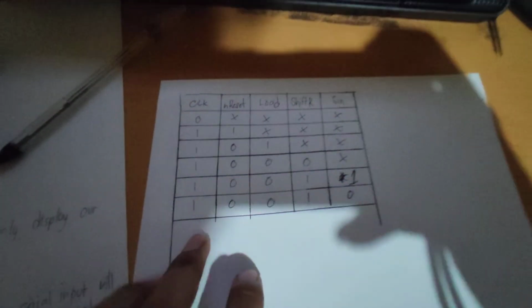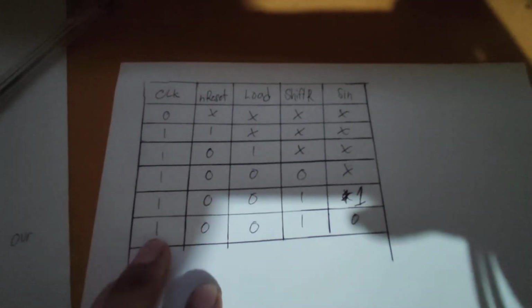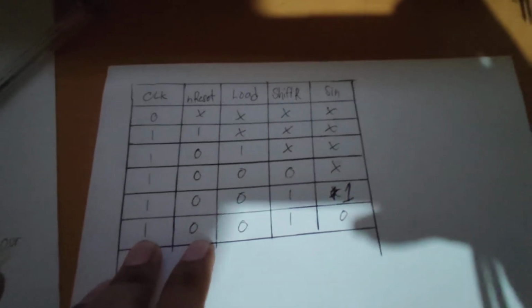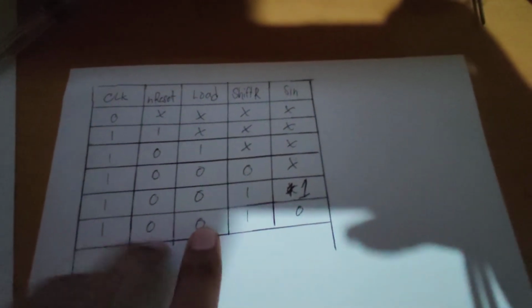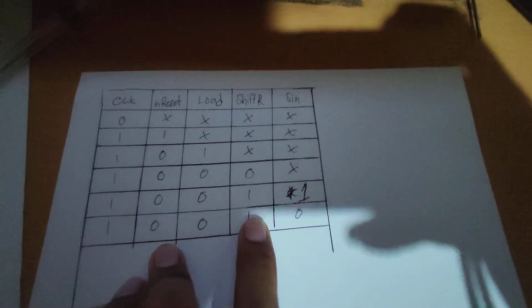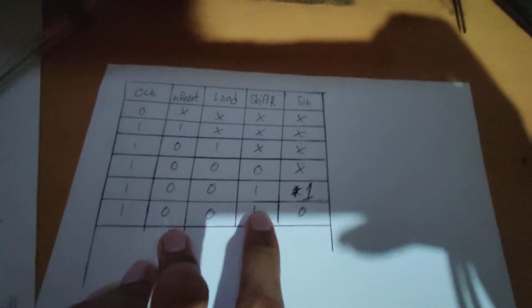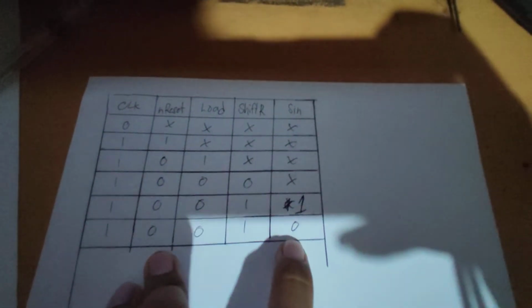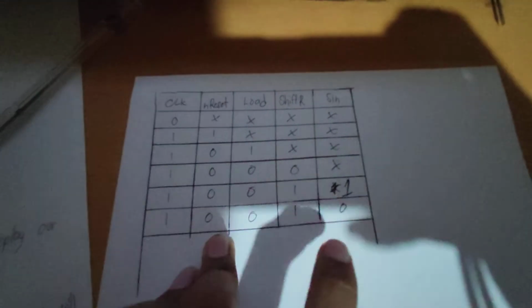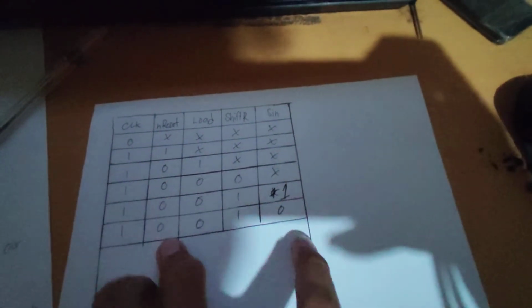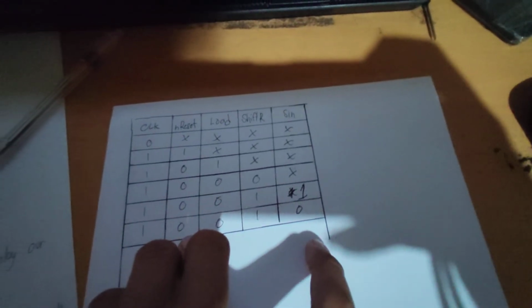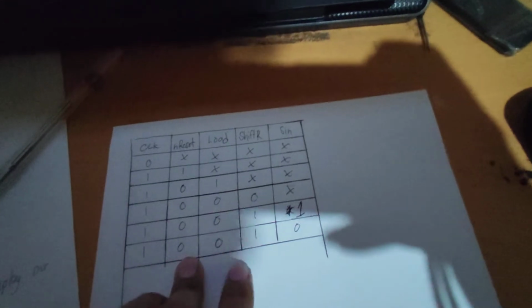If clock is 1, N reset is 0, load is 0, shift R is 1, and SIN is 0, then 0 is moved to S out 7. The value of 7 is moved to 6. It moves at the next positive edge of its clock input.